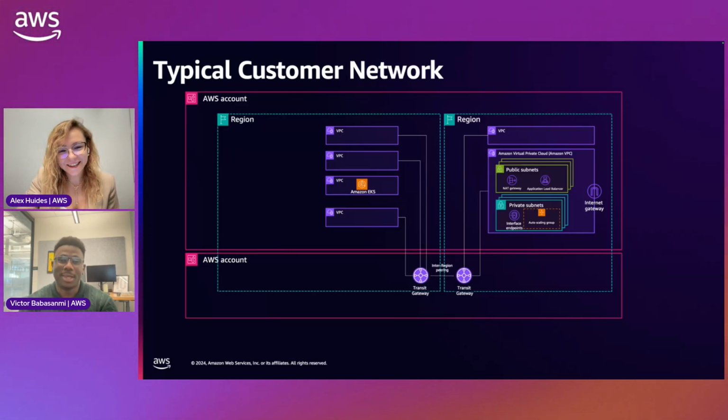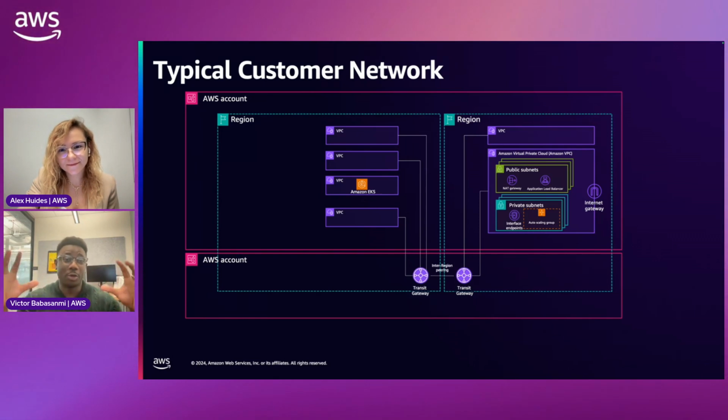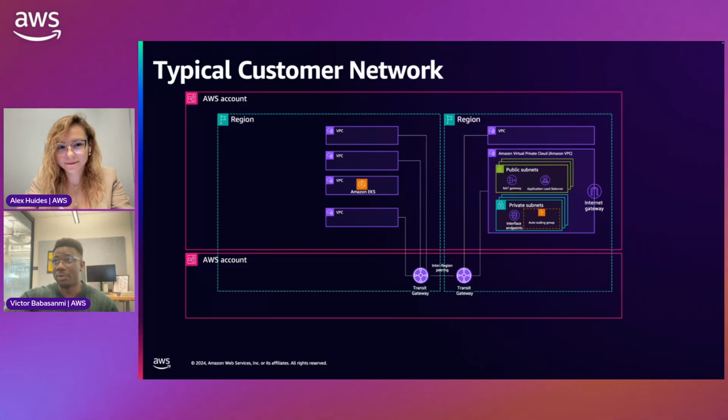Yeah. So just to go from your point, Alex, about this idea of having a single pane of glass or a few of them to visualize what's going on in your infrastructure. Customers typically have networks that have so many components. They have a lot of things going on. They have different VPCs in different regions. They have transit gateways interconnecting these VPCs in different regions.